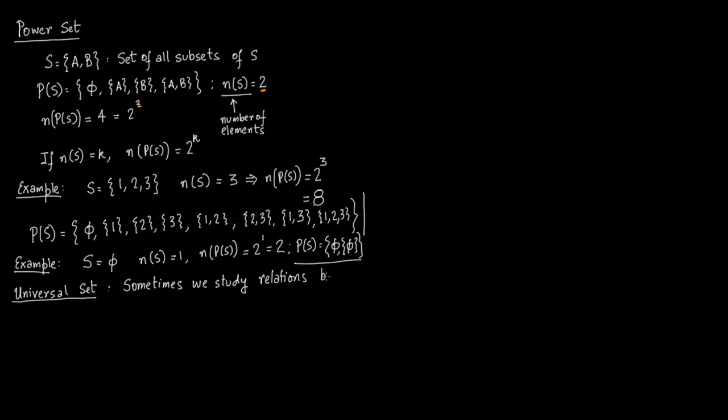So sometimes we study relationships between subsets of a big set, and you fix this big set. This big set is called the universal set U.